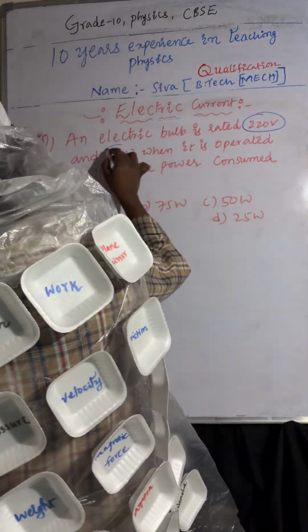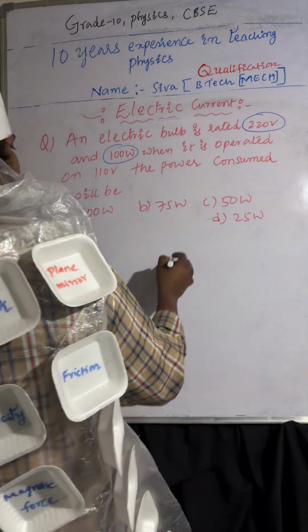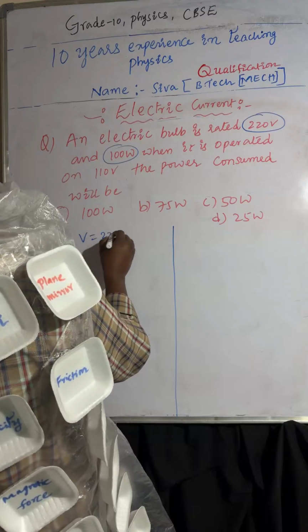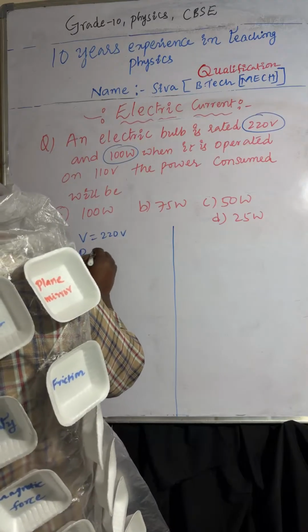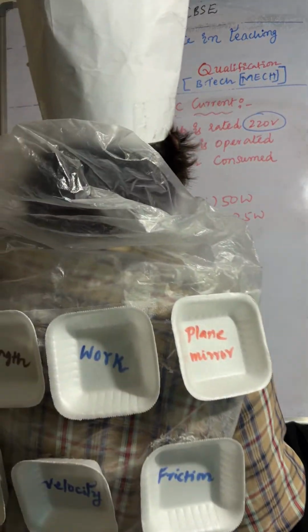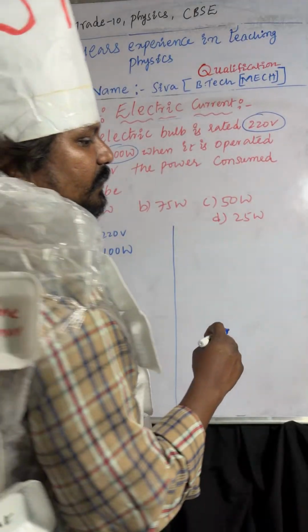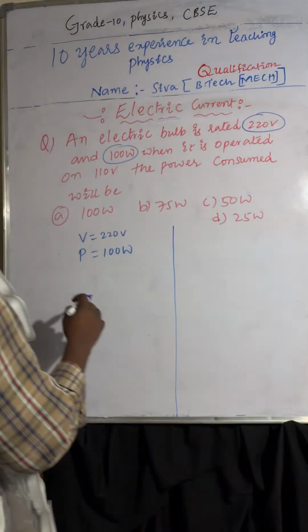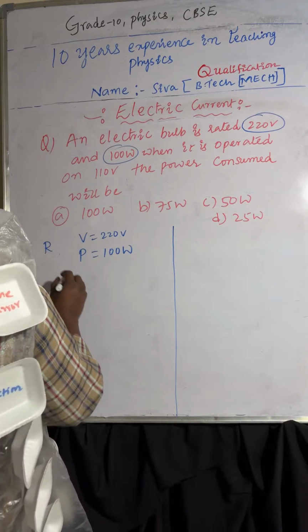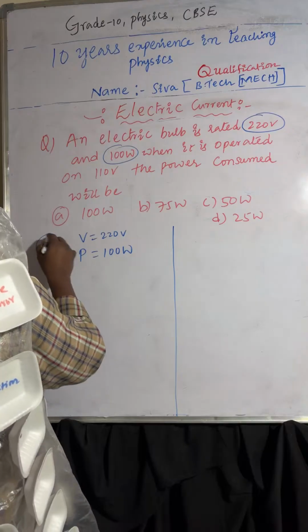So an electrical bulb is rated 220 volts and 100 watt. So V equal to 220 volts and power equal to 100 watt. In this case we have to find out the resistance.